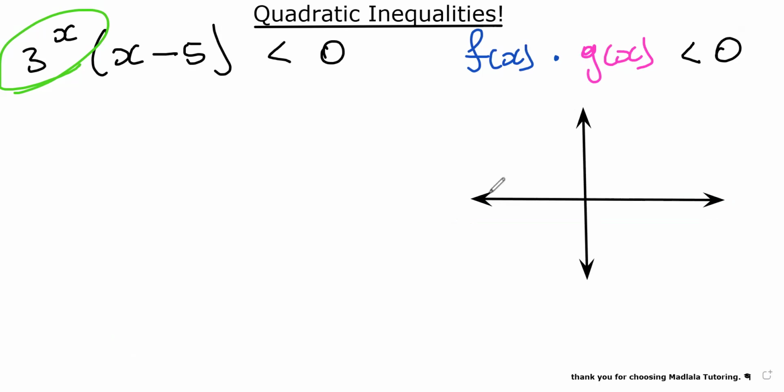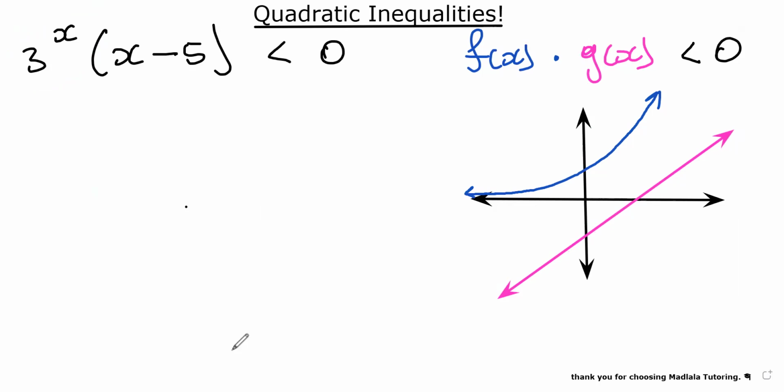This is how the function would look like. It's coming from negative infinity, it's going to positive infinity in terms of the x values. But bottom line is, it is always above the x-axis. What about this? Well, g of x is a straight line that has a y-intercept at -5 and an x-intercept at +5.